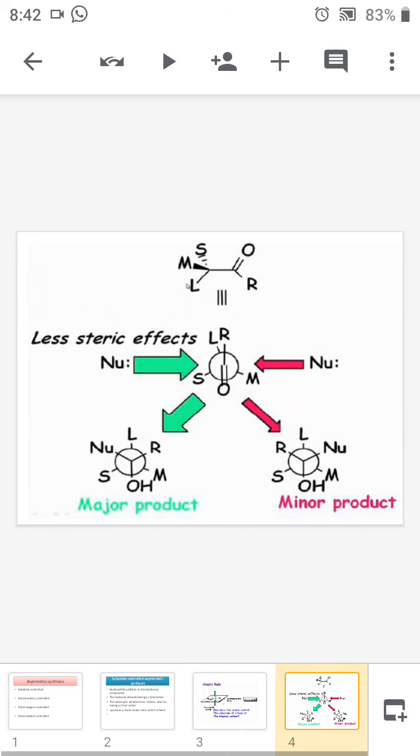we have to arrange the substituents of the chiral carbon atom which is already present next to the carbonyl group, and we have to classify the groups attached to the chiral carbon as small, medium, and large.